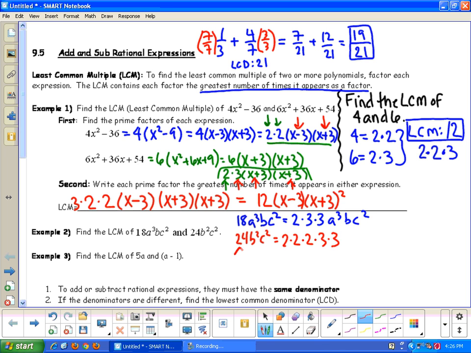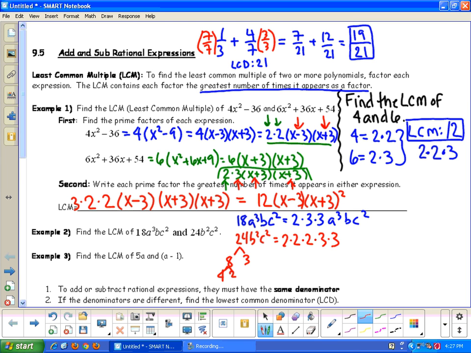And if it helps, you could make a factor tree to get that, because 24 we know is the same thing as 8 times 3. And 8 breaks down into 4 times 2.